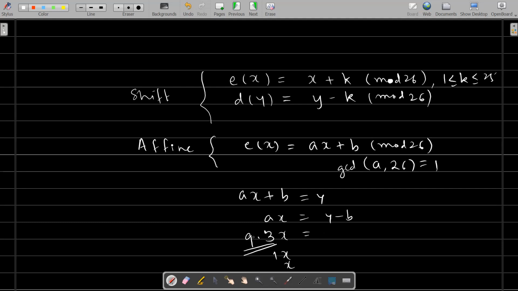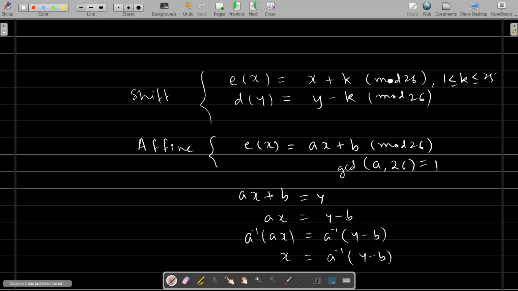So I have to multiply by some number which I'll call the inverse of A, and I'll get back the original x, that is A inverse times Y minus B. Though I'm writing it as A inverse, it's not a fraction or 1 by something. It's a number from 1 to 25 only. But it's such that the GCD of A and 26 is 1. Then only I can get such an A inverse. Right? That's the idea.